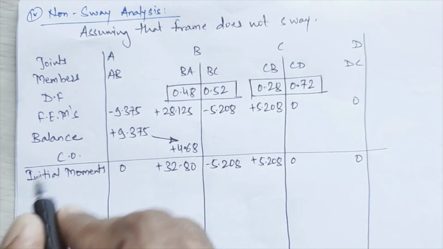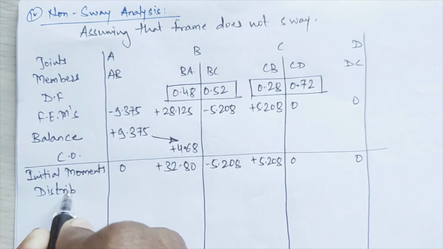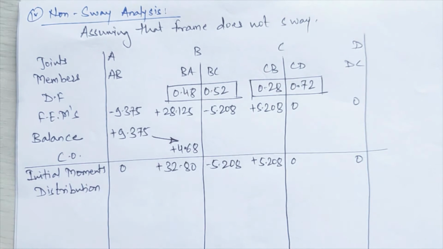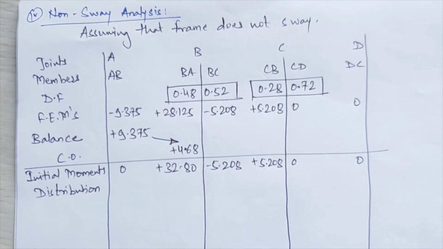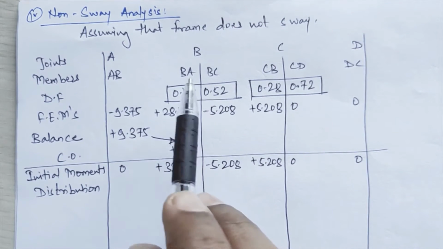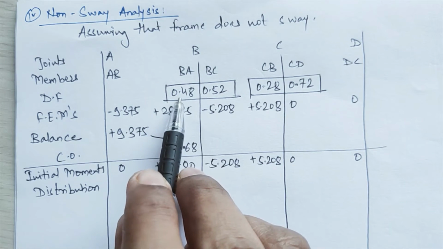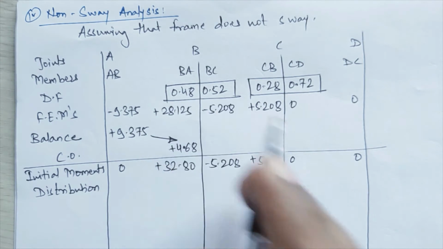Okay, now after calculating initial moments, what is the next thing? You have to do the distribution of moments, for which you have calculated distribution factors over there. So you have to distribute moments along joint B and joint C. Here the summation of this 32.80 minus 5.208, something like 27 you will get, multiplied by distribution factors 0.48 and 0.52.